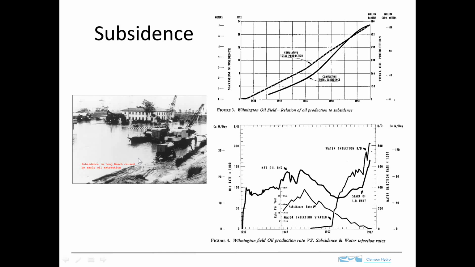And in addition to this, there are a variety of other more smaller scale problems, but very expensive nevertheless, with pipelines breaking. They had problems with bridges and wells that would get sheared off. So the subsidence ended up being quite a problem, quite costly.